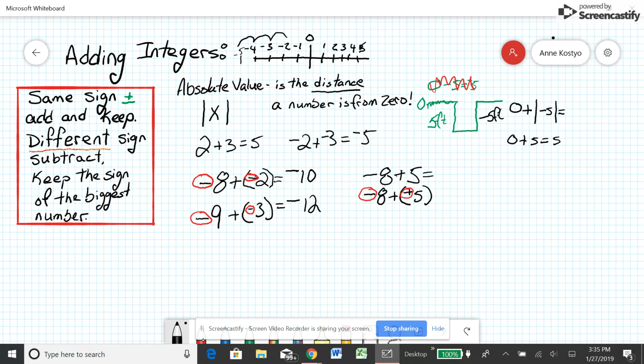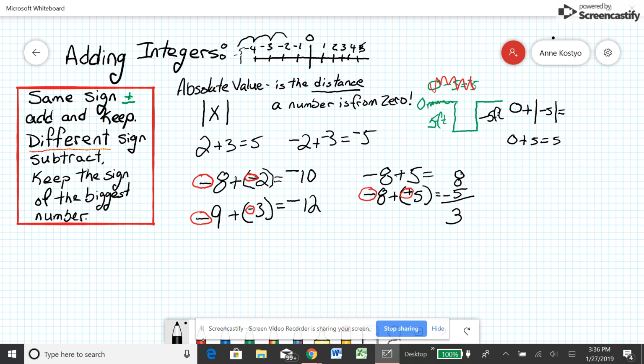Okay, let's go back to our rhyme again, and we see we have a different sign. It says to subtract. Okay, so I am going to subtract. 8 is the bigger number, so that goes on the top. And I am going to subtract 5. And I will get 3. But there's a second part to this.